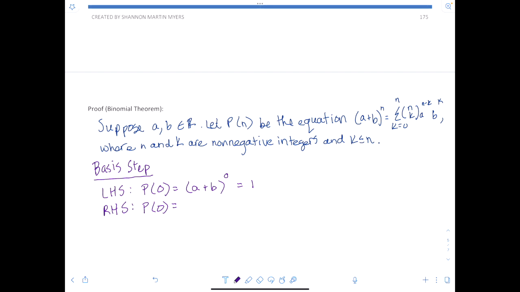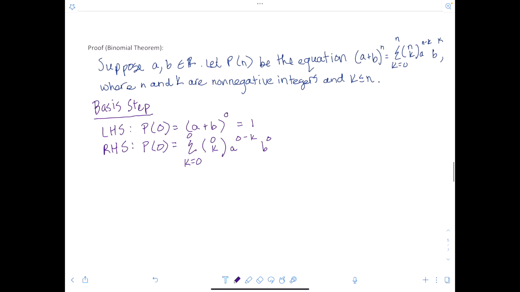We're going to have the summation as k goes from 0 to 0 of 0 choose k, a to the 0 minus k, and then b to the 0.